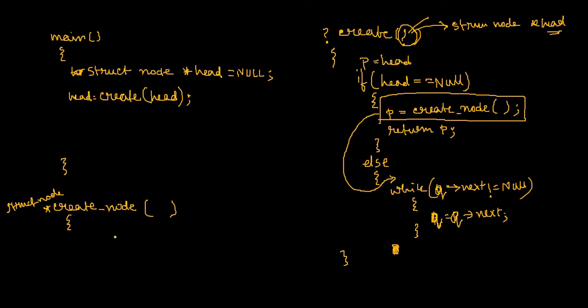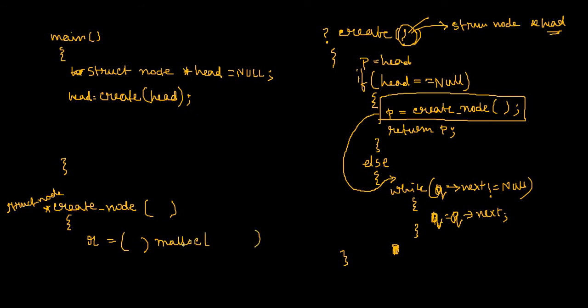If you have already seen singly linked list, you can easily understand what I'm trying to say. Here you need a variable with which you will dynamically allocate the memory for the new node. That may be say R. So R equal to something, then malloc.